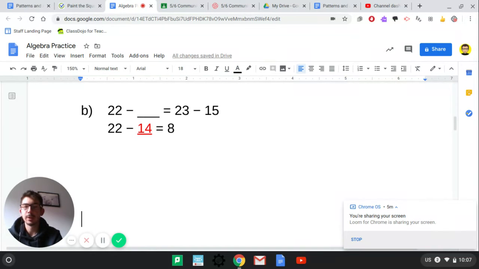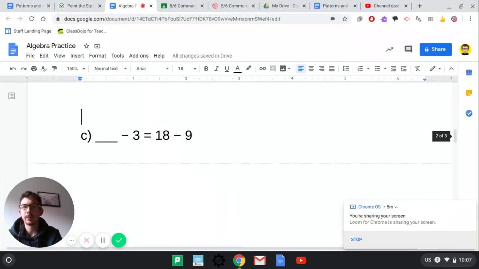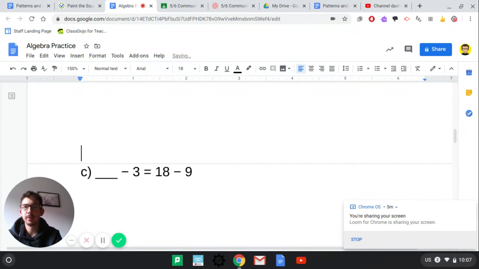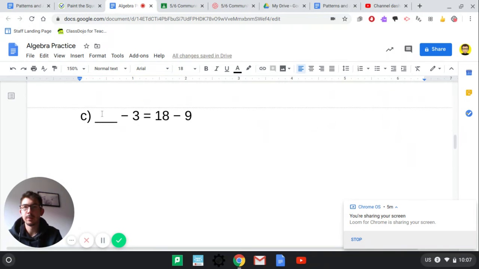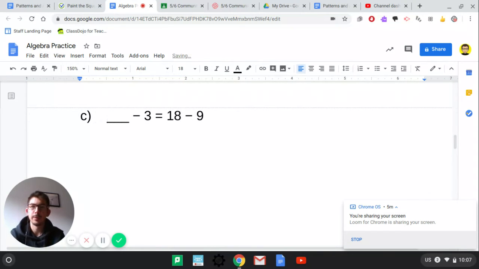I'm going to go ahead and do one more example. So we have something minus 3 equals 18 minus 9. Again, we're going to use what we do know. We're going to do one side first. 18 minus 9, I know myself, 18 minus 9 is 9. And we've got something minus 3 equals 9.